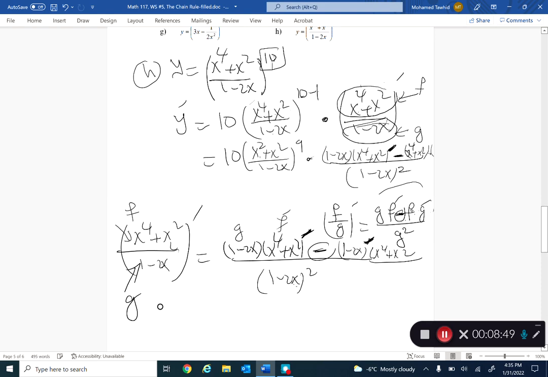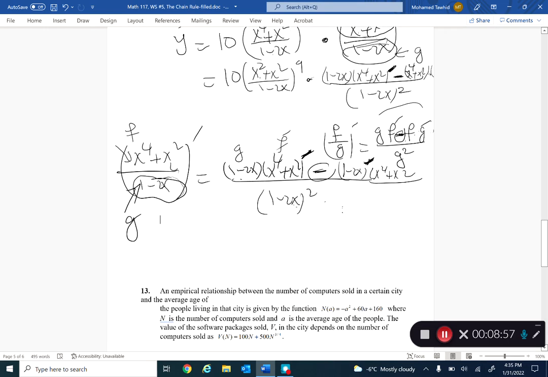I'm just applying the rule: take whatever you have down here, square it, and then g f prime minus f g prime. So if you simplify this, what do you have?